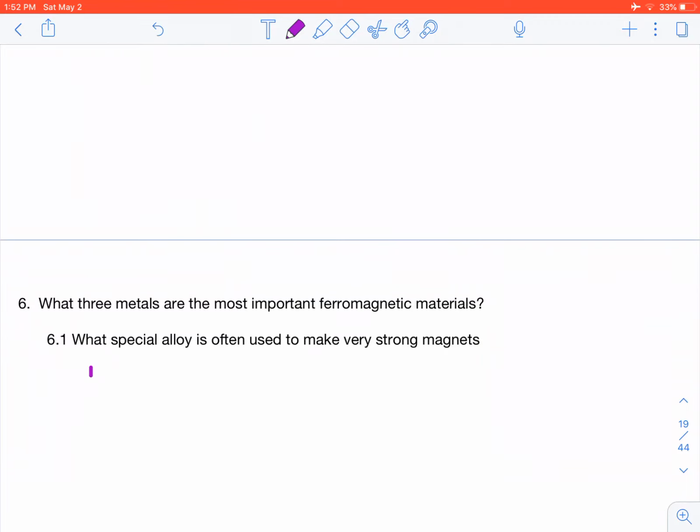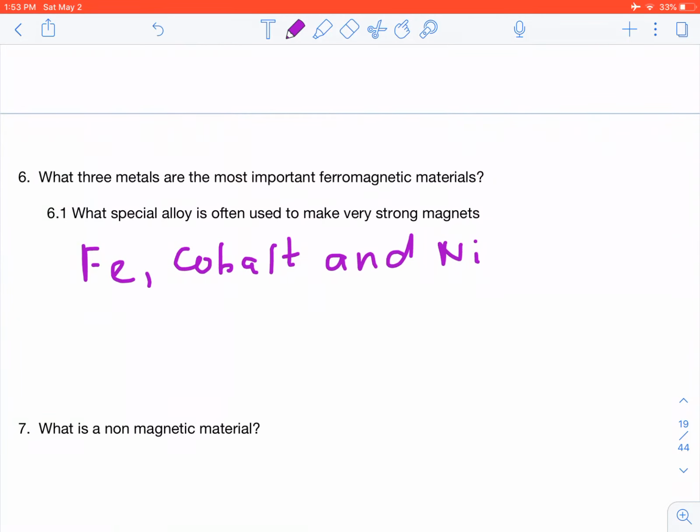It's iron, cobalt, and nickel. And like I intimated earlier, also check where their position is in the periodic table.